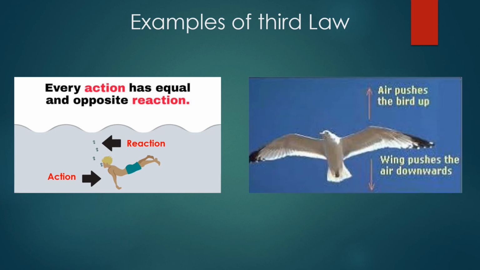It pushes the air downwards with its wings, and the air pushes the bird upwards. That is the reaction, and the wings pushing the air down is the action. Another simple example is that when you throw a ball at the wall, that is the action. With the same force the ball comes back to you, that is the reaction.